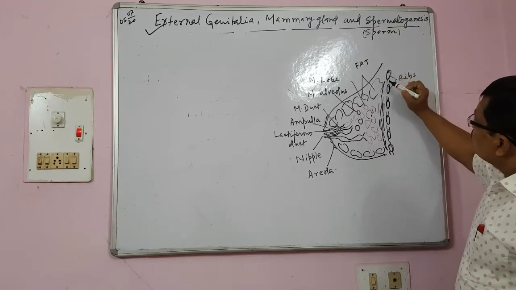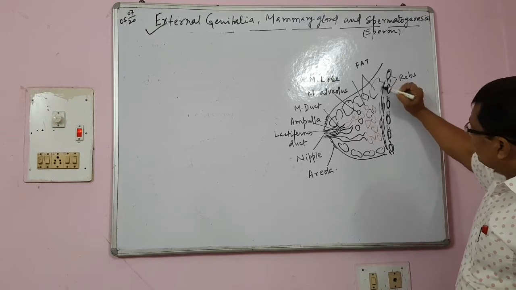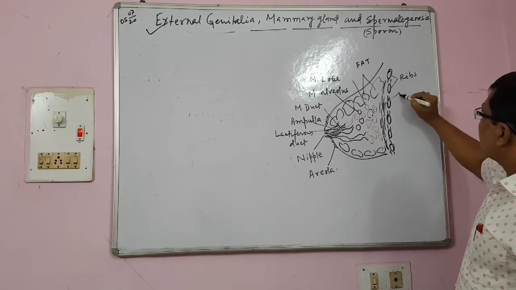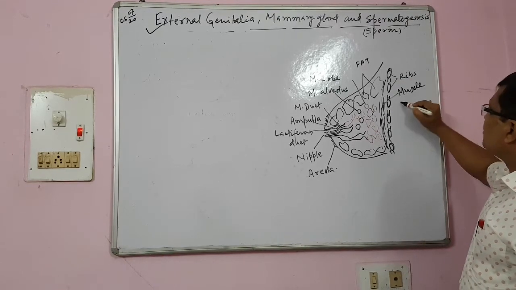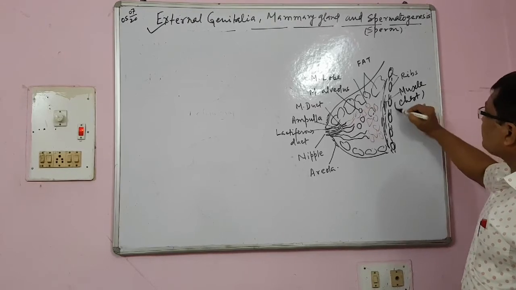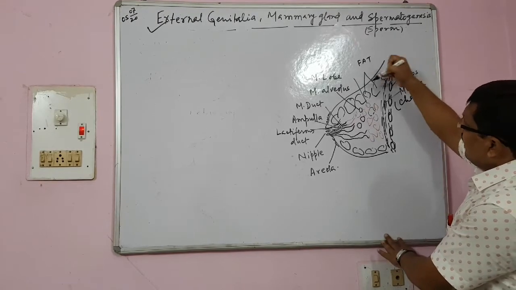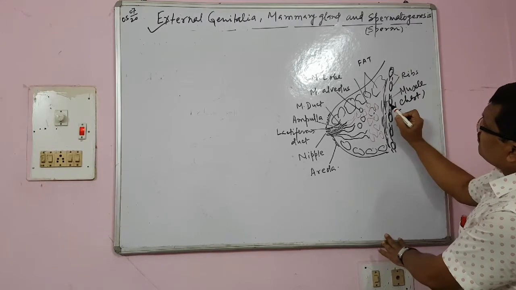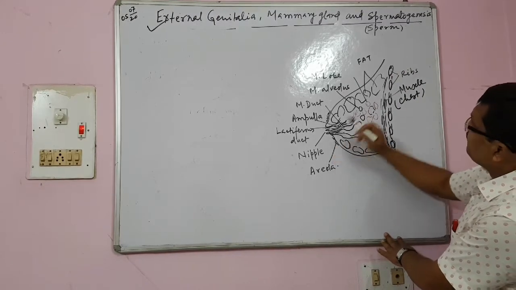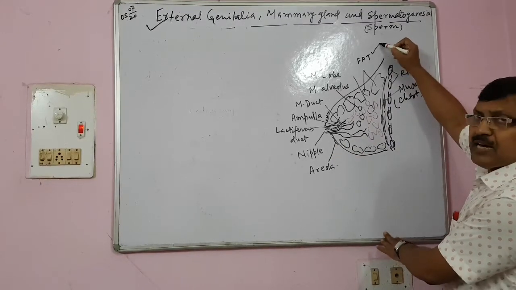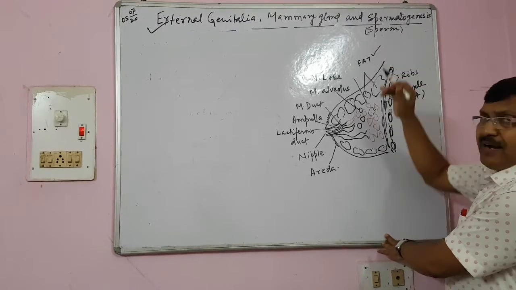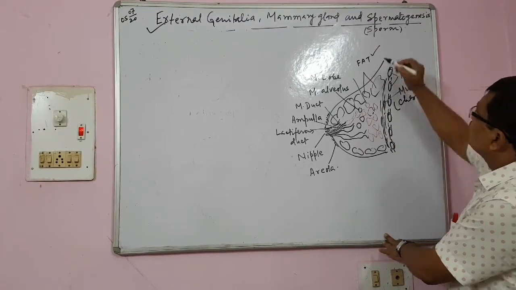After the ribs, the chest muscle is located, and after that, from the muscle to the nipple, fat globules, meaning adipose tissue, are present.